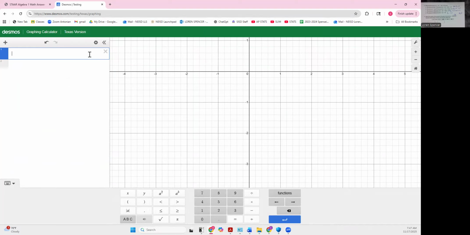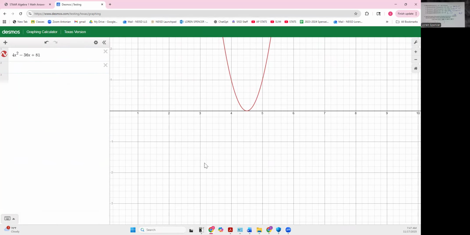And we have 4x squared minus 36x. And all I'm doing is plugging in the initial equation. All right. Well, when I look at this, I'm only touching it one time.